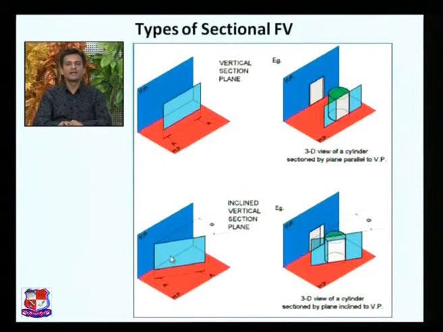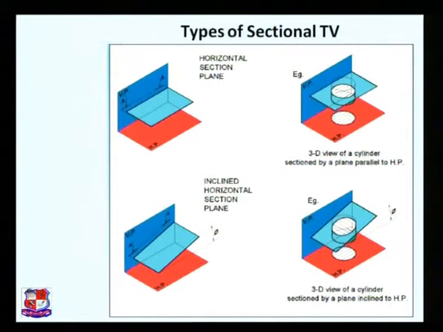So this cutting plane is perpendicular to horizontal plane and it makes some angle with vertical plane. So such kind of cutting plane would be represented like this. Here the cylinder is cut and it would appear like this. So in top view it would appear as a straight line which makes some angle with XY line, and in front view appropriate sectional view would be there.